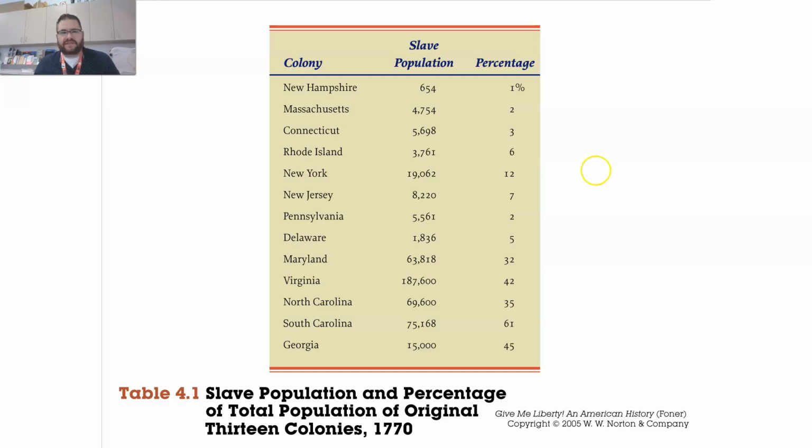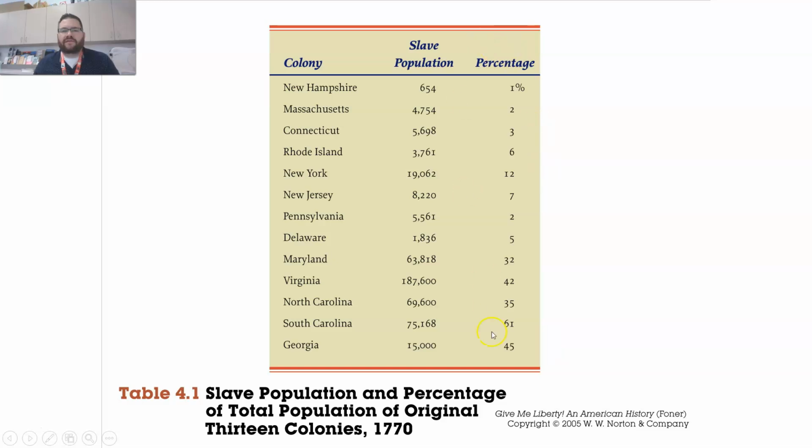within the United States. Now, we see here in New Hampshire that there were a total of 654 slaves in 1770, and we see in Virginia that there were 187,600 slaves. So this column gives us the total slave population in 1770.